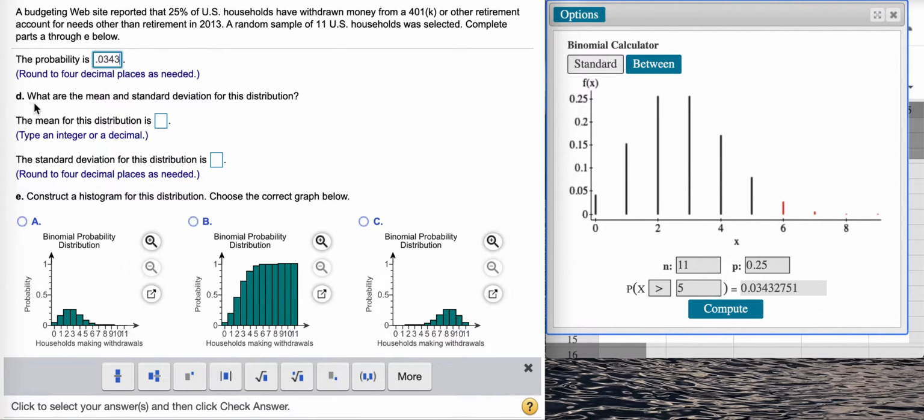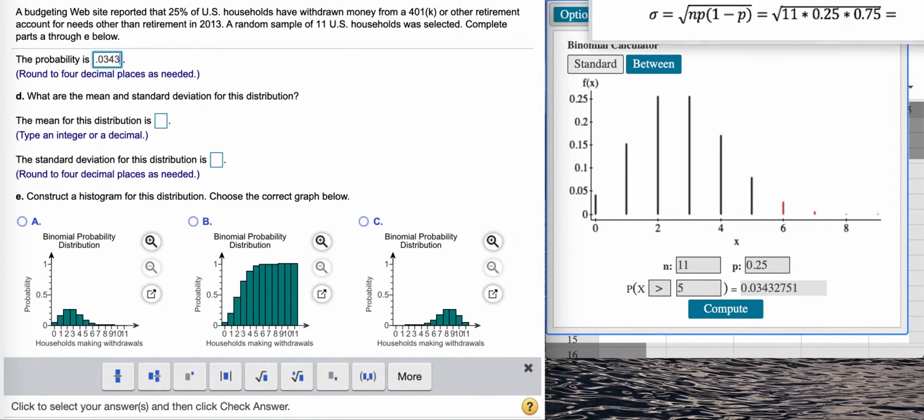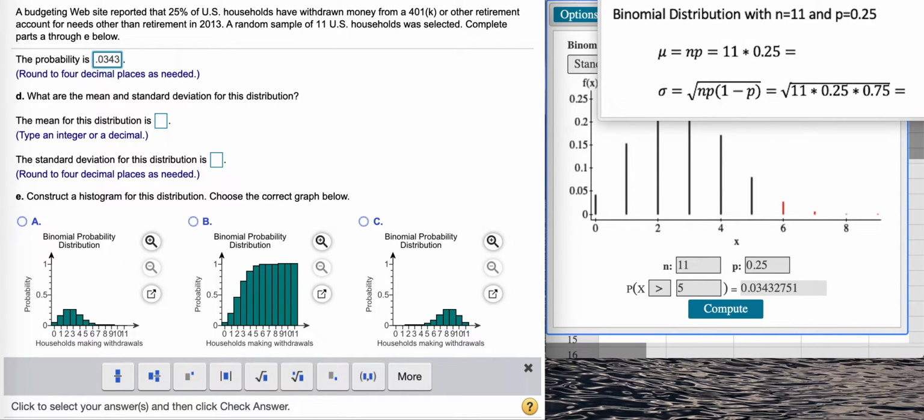And then part D asks for the mean and the standard deviation. So let's recall the formulas for the mean and the standard deviation for a binomial random variable. For a binomial distribution with n equal 11 and p equal 0.25, the mean, which is n times p, would be 11 times 0.25, and the standard deviation would be the square root of n times p times q, or 1 minus p.